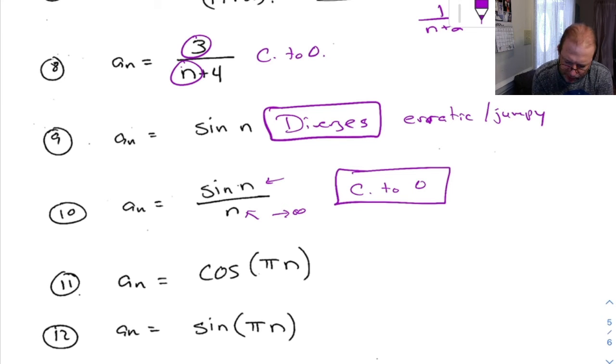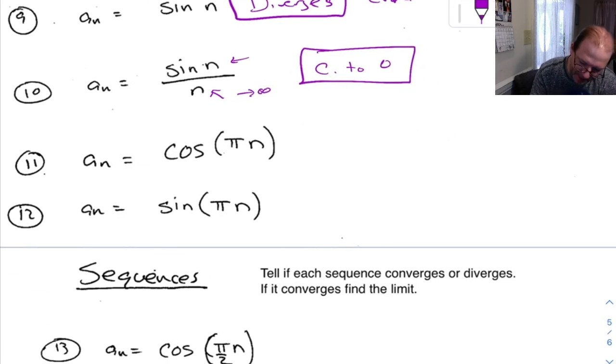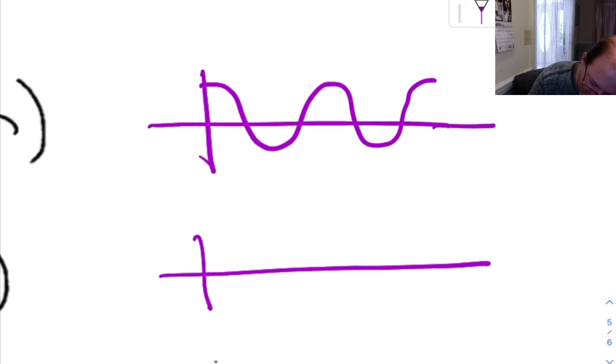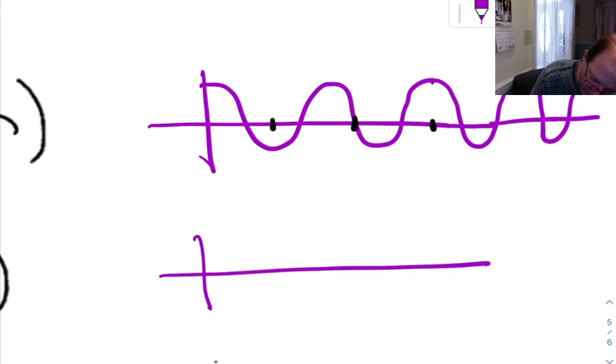All right, 11 and 12. We've got cosine pi n and sine pi n. Now these look like they'd be the same, but they're not quite. If you do cosine pi n, cosine looks like this. And if you look at the multiples of pi, that's going to be, let's see, here, here, here. Let's draw a little more. But wait a second, I got that wrong.